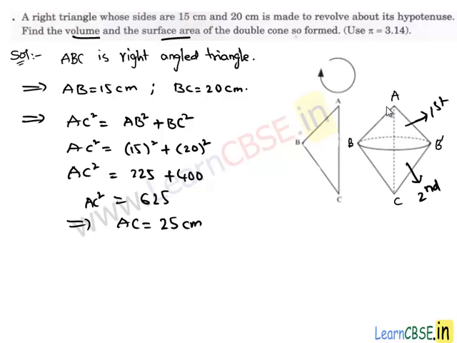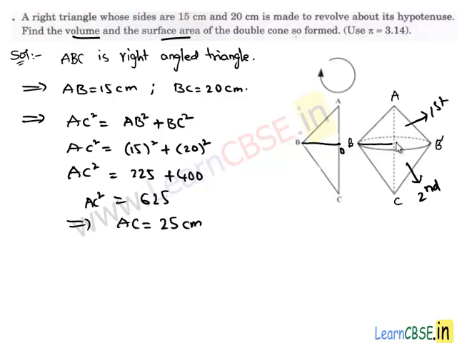And then we get the three sides of triangle ABC. Here, when we revolve the right angle triangle about its hypotenuse, we get a circle, that is the base circle. And here we have to get the radius of this circle, and it is equal to the perpendicular drop from vertex B to the hypotenuse. Let it be BO.